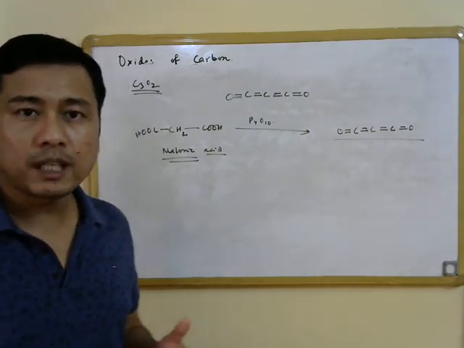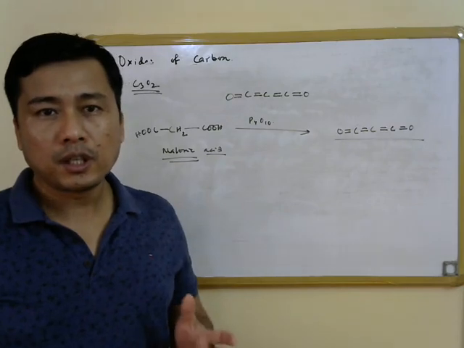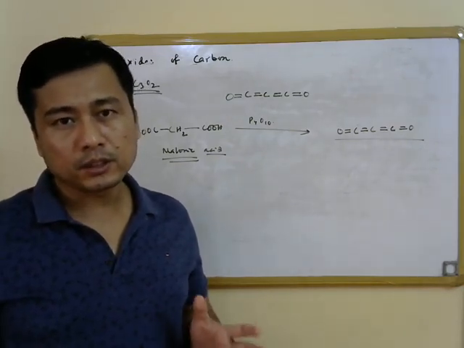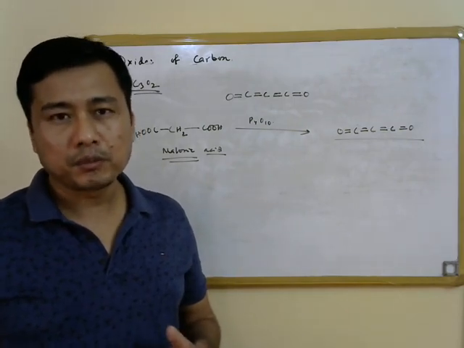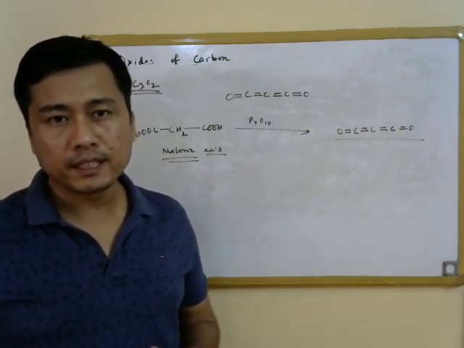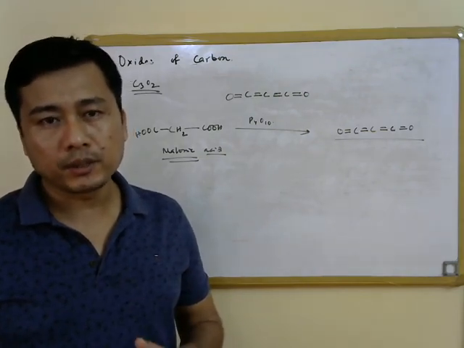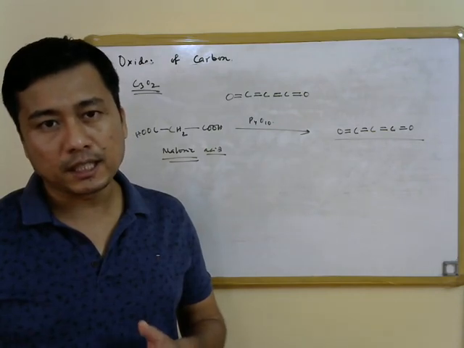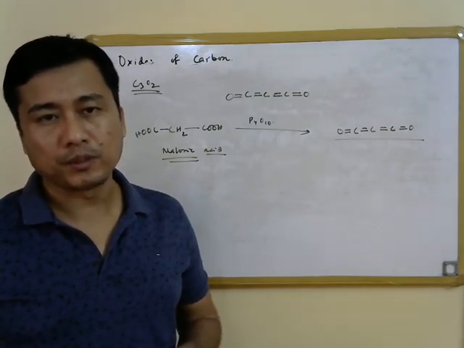Then we have also seen how one can estimate carbon monoxide quantitatively. That is, when one does reaction of I2O5 with carbon monoxide, molecular iodine is formed, and this molecular iodine can be titrated by using sodium thiosulfate solution, and that will essentially tell us the amount of carbon monoxide.